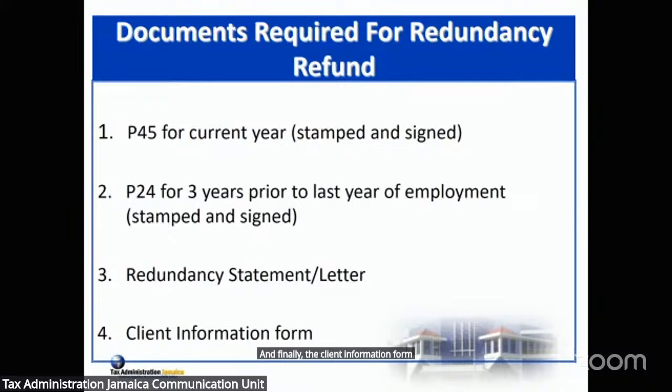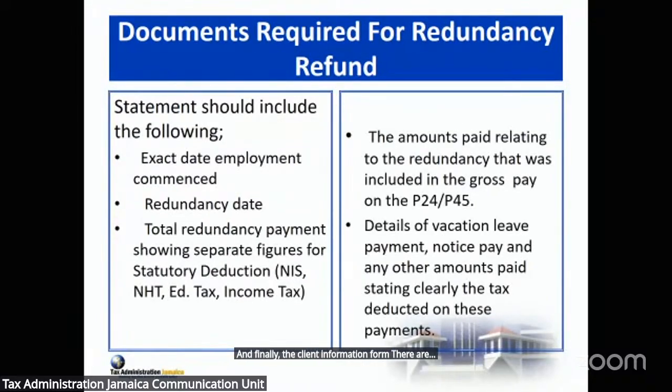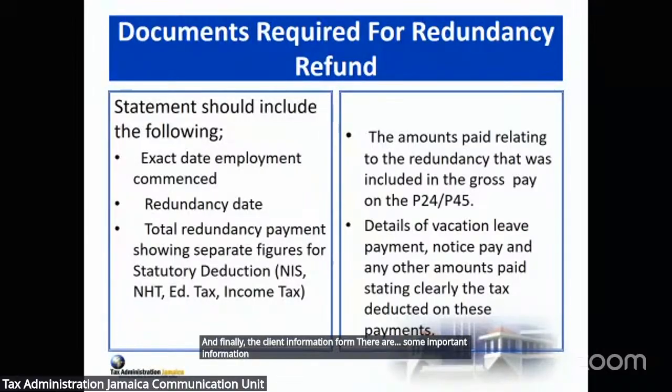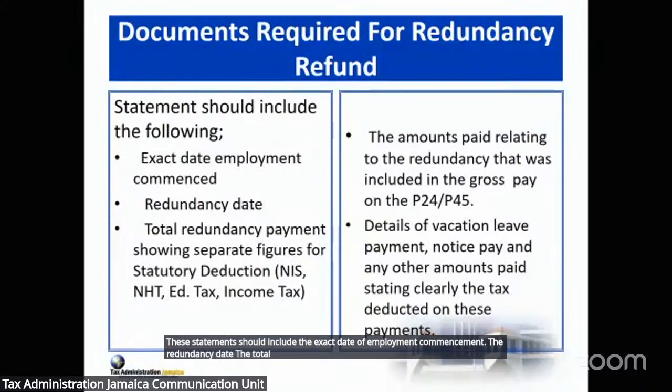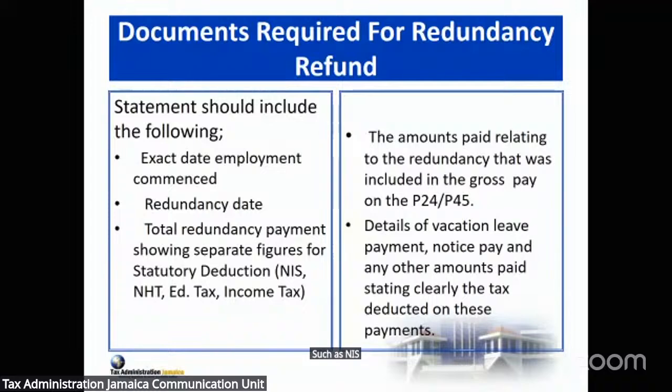There is some important information that should be found in the letter or the statement of the persons who are applying for a redundancy refund. Let's look at these. These statements should include the exact date of employment commencement, the redundancy date, the total redundancy payment showing separate figures for statutory deductions, such as NIS, National Housing Trust, education tax, and income tax.